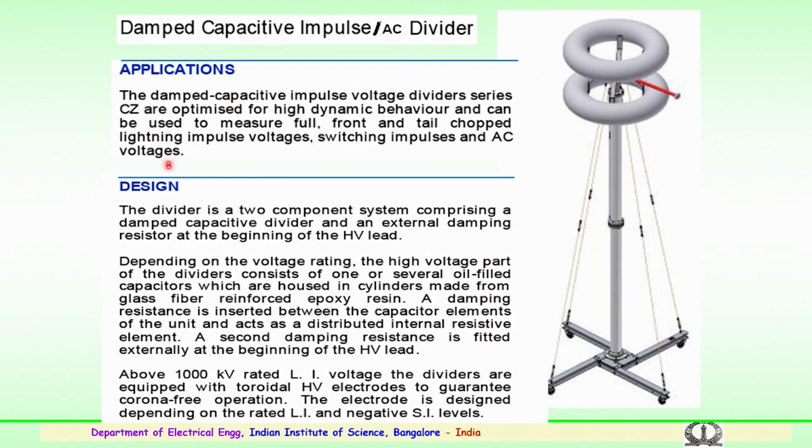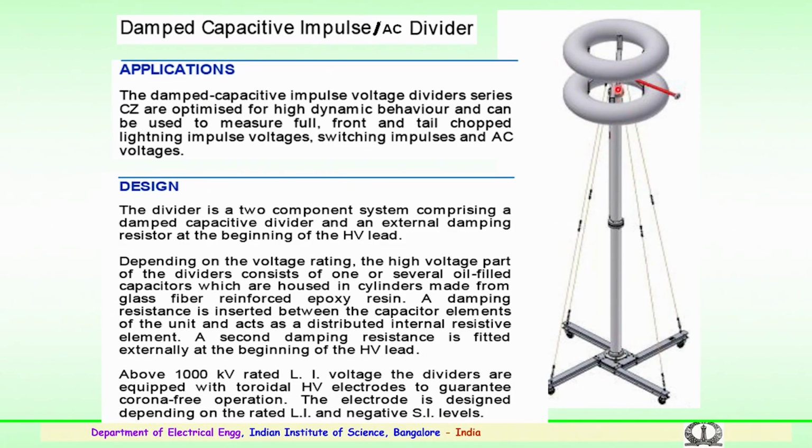The damped capacitive impulse voltage dividers are optimized for high dynamic behavior, and these can be used to measure either the full waveform or the fronted, the tail or chopped lightning impulse voltages, switching impulse voltages or the AC voltages. So, this divider can be of multi-purpose use.